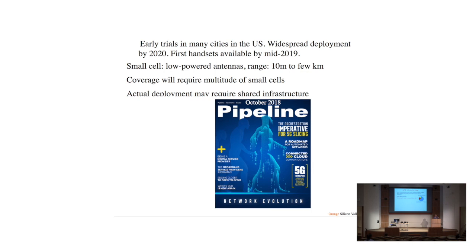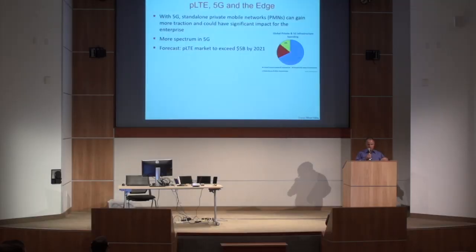With 5G coming up, this is going to be called private mobile networks, and we see some traction today in private LTE. As I said, there are certain use cases that are very, very attractive. Now with 5G, we're going to have more spectrum, so there are going to be ample more opportunities there.